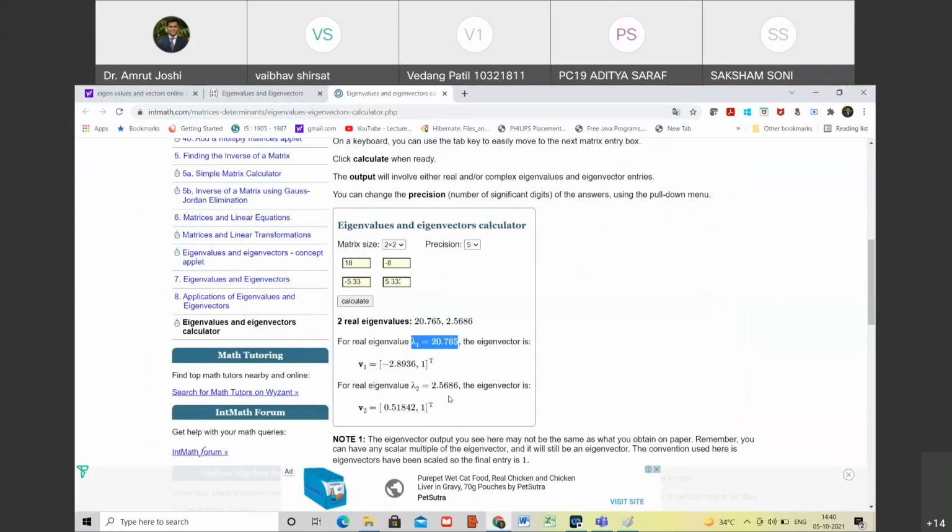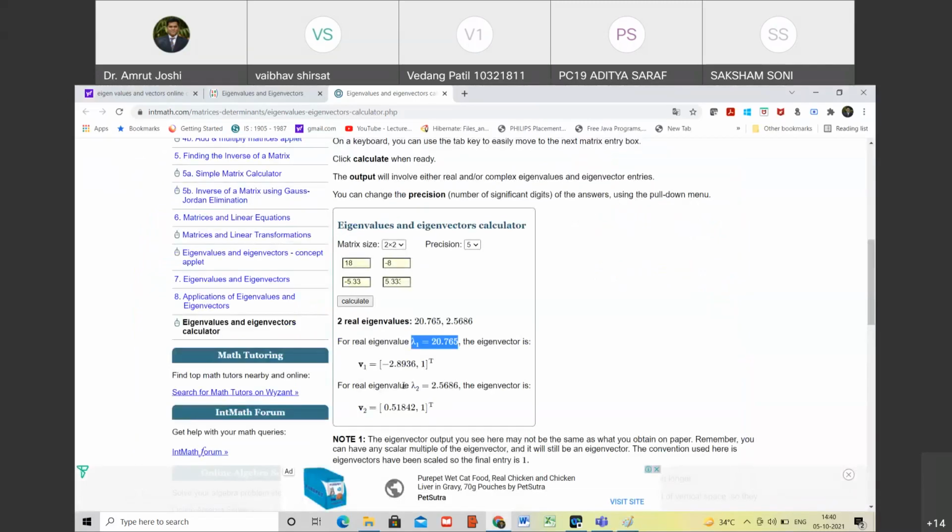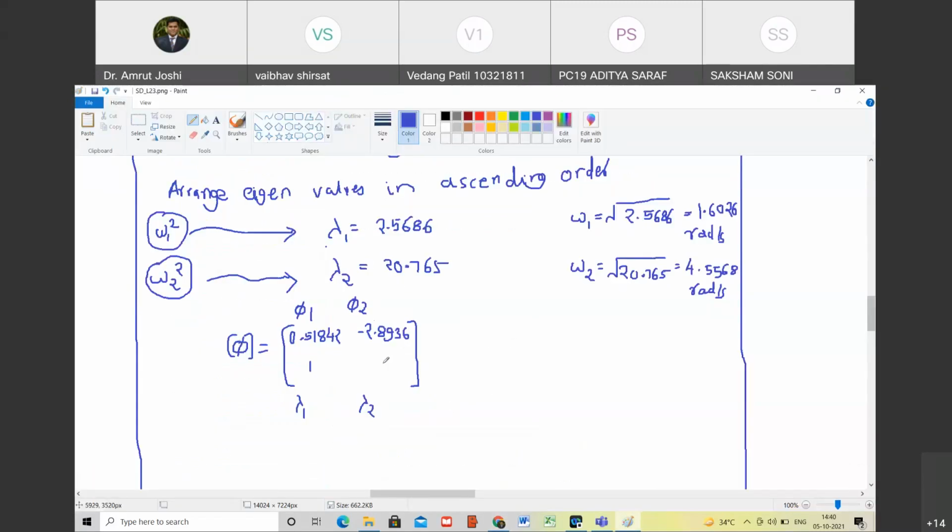And what is the value of phi 2? Phi 2 is minus 2.8936 and 1. Agreed?